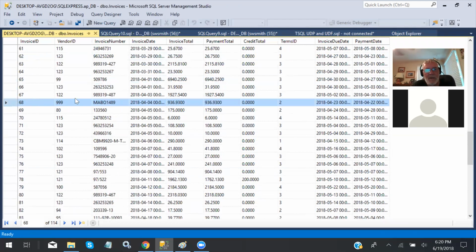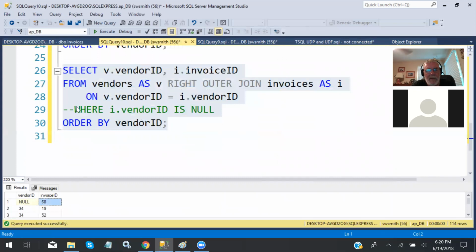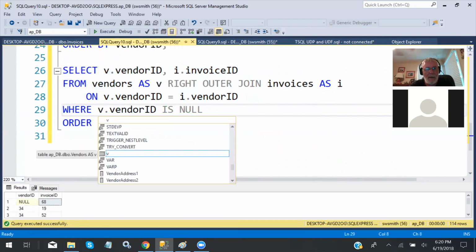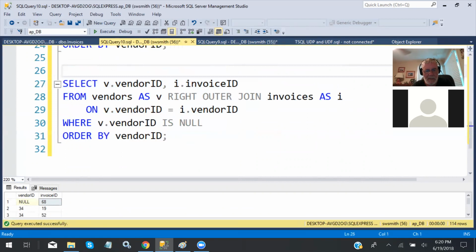So here is the critical point: find invalid children.